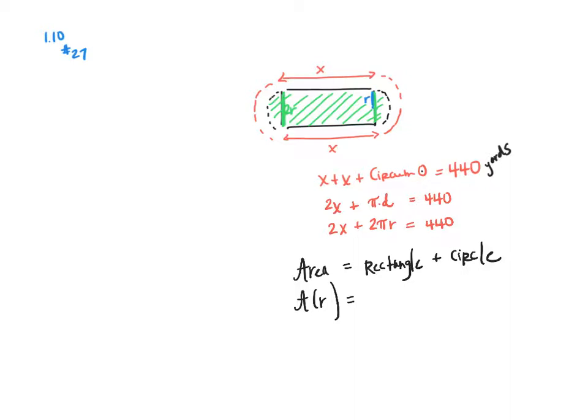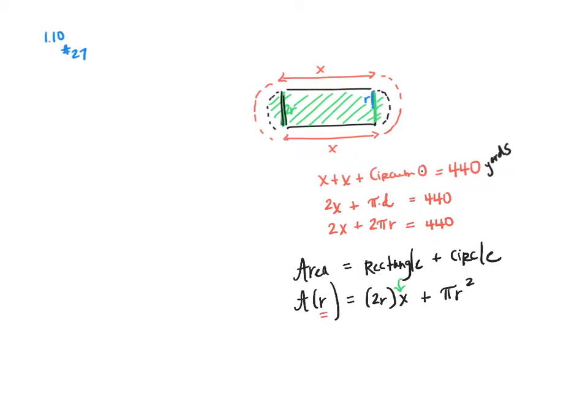Well, let's see if I know the dimensions. I'm just going to start with 2r times x. That would be the rectangle. And then to find the area of a circle, it's going to be pi r squared. So this function is fine, but the problem says I need to have it as a function in terms of r. So this x right here, I need to get rid of.